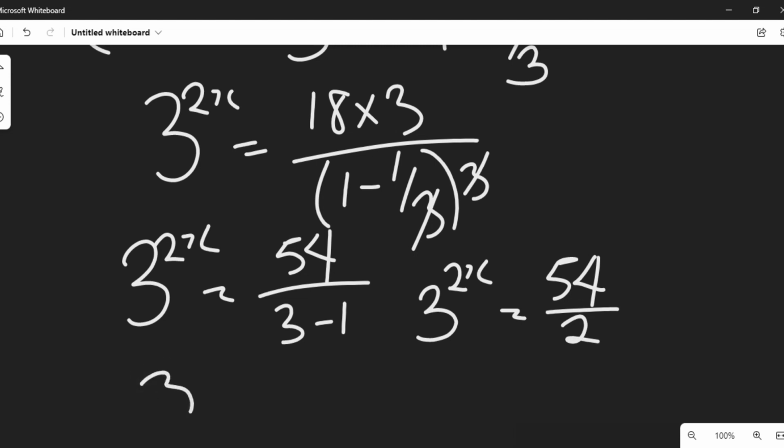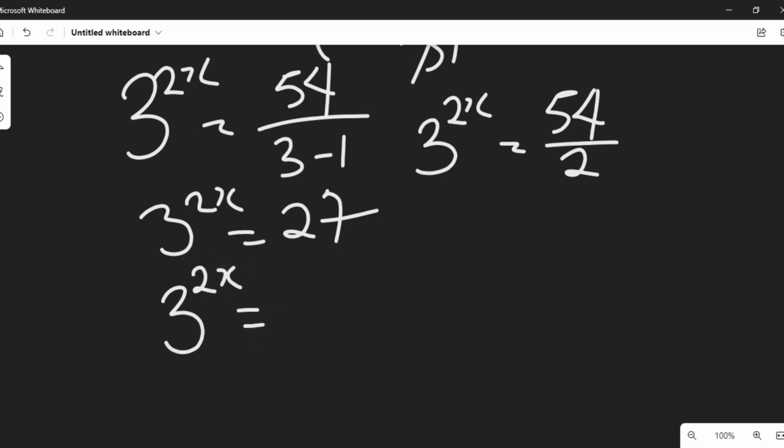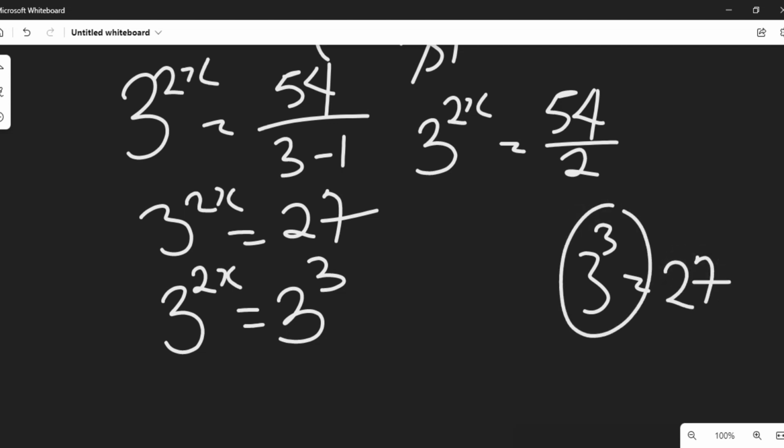So 3 raised to power 2x will be equal to 27. At this point we can now find a common base, and this will give us 3 raised to power 2x equal to 3 raised to power 3. 3 raised to power 3 is equal to 27, so this can replace 27.